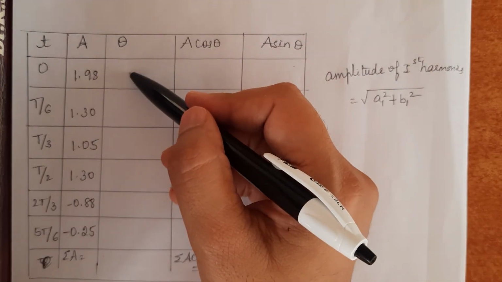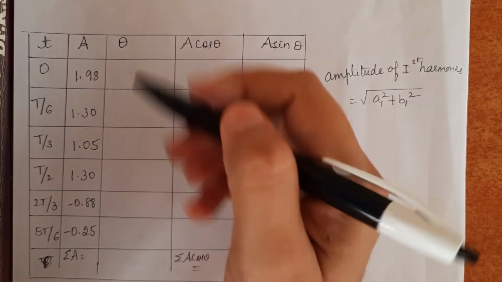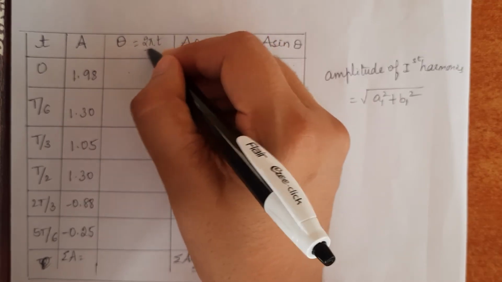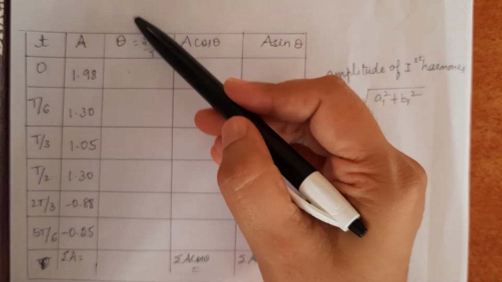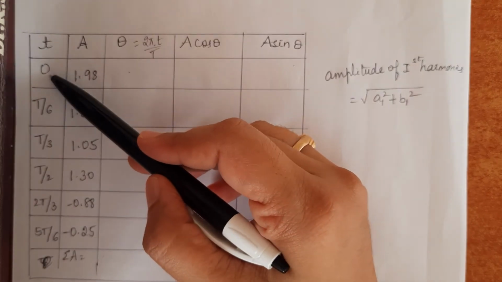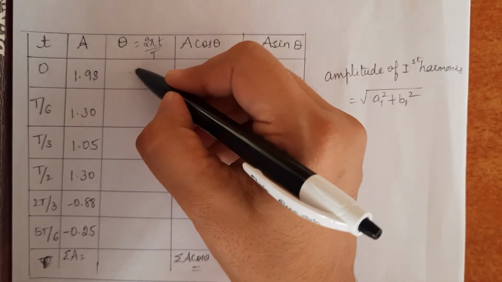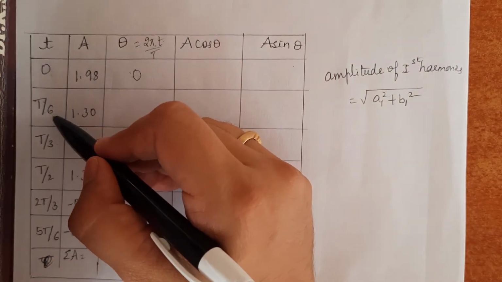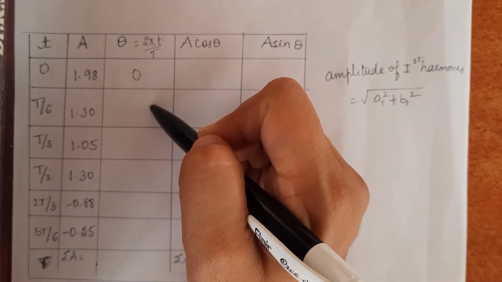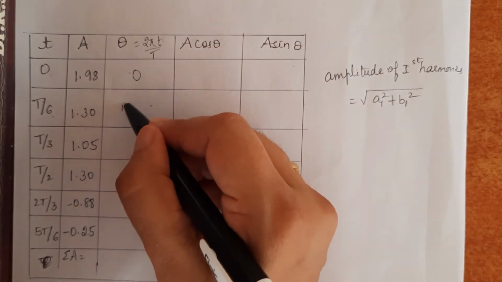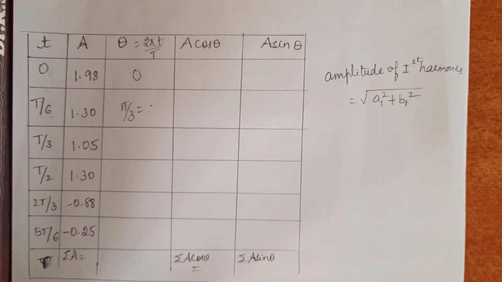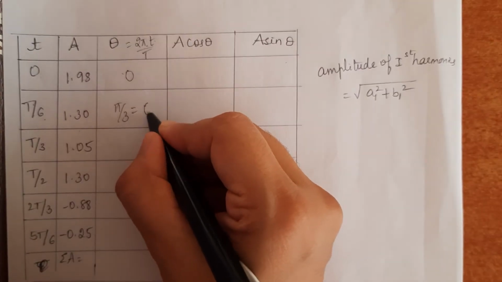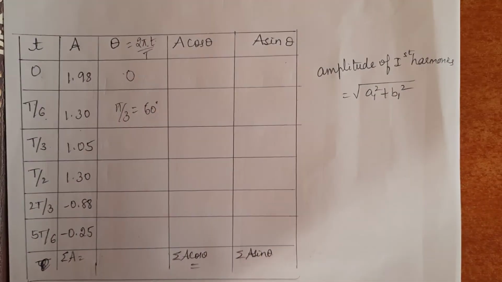Now let me calculate the value of theta first. Theta is given by 2 pi into t by T. So when small t takes the value 0, theta also will be 0. When small t takes the value T by 6, theta value will be pi by 3. Pi by 3 is 180 by 3, it is nothing but 60 degree.